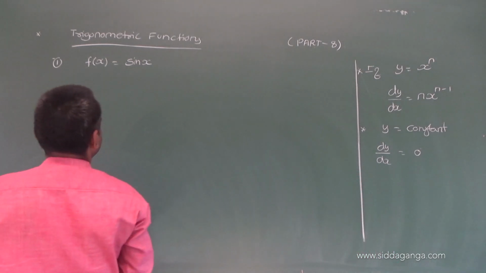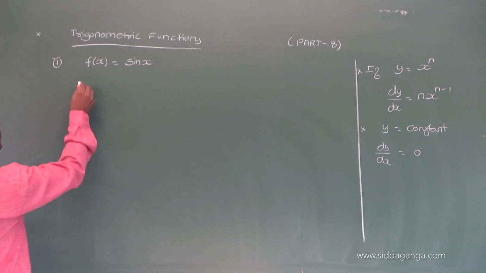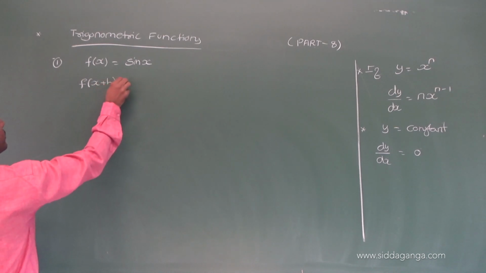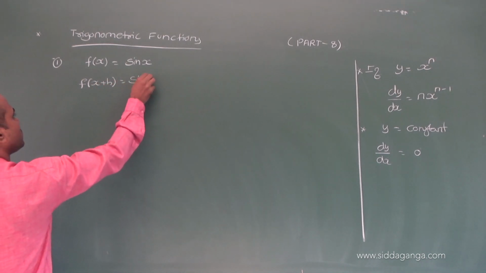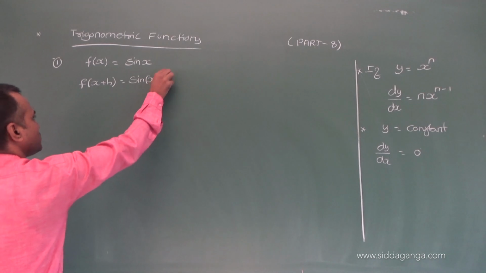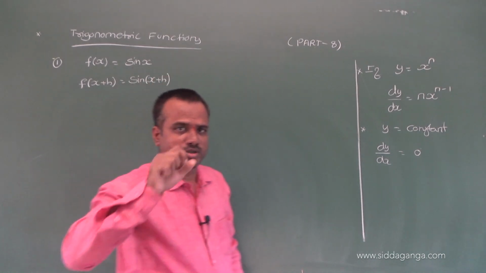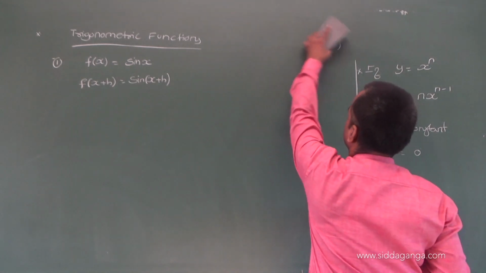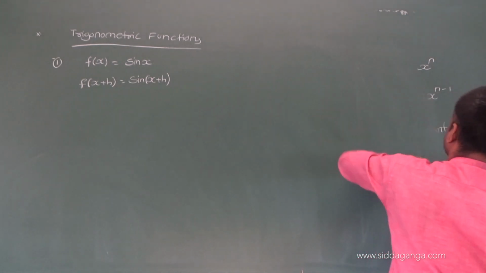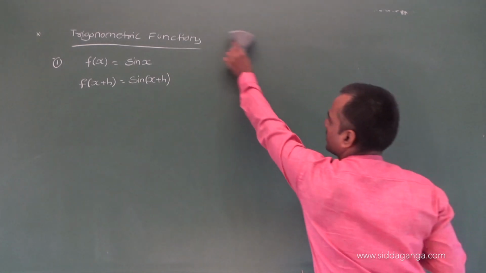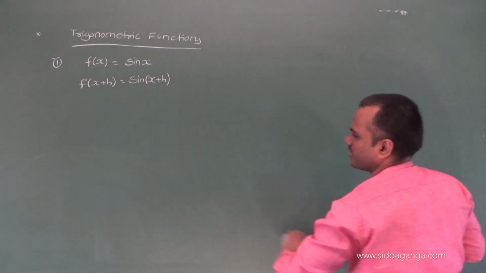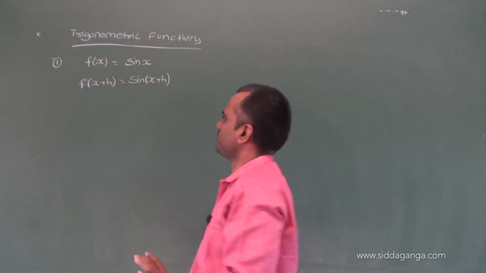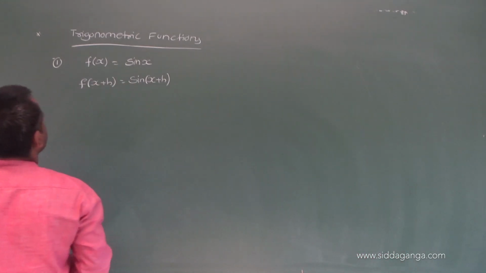One more result that we want is sin of x plus h. What I do here is replace x by x plus h, correct? So write the first principle method formula.